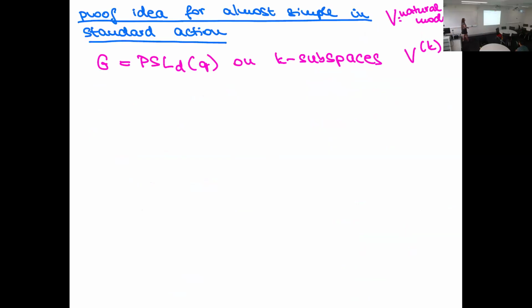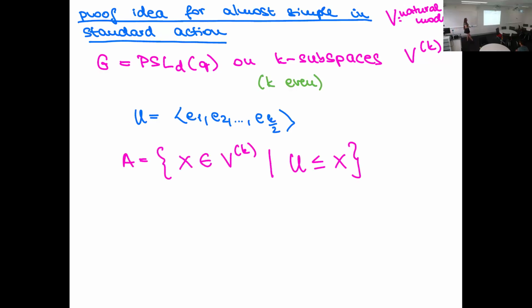So if we take PSL_dq acting on k-subspaces, which I will just denote V_k, and we have k even. Then if we take this U, which is the subspace of dimension k/2 that has basis the standard basis e_1 up to e_{k/2}, then we can define this set A, which is all the subspaces of dimension k which contain this subspace U of dimension k/2.